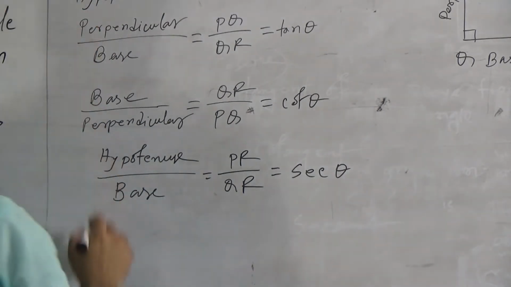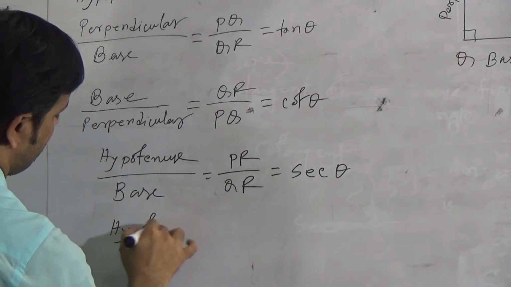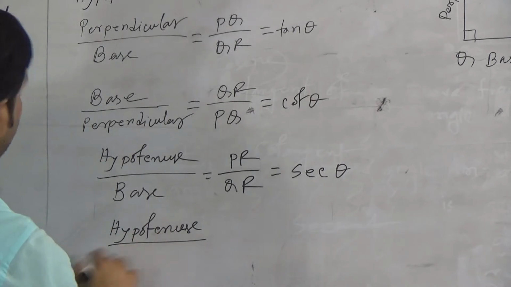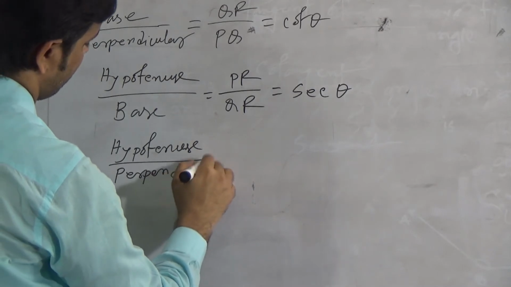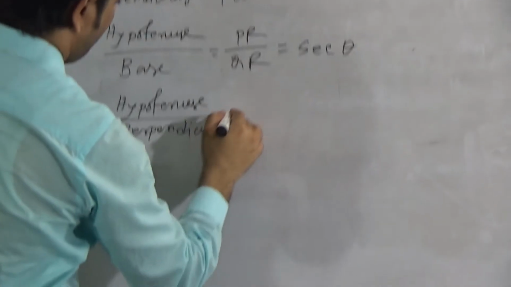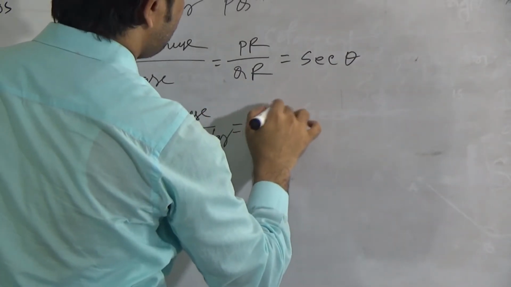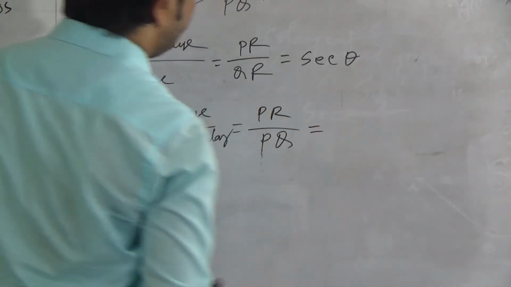Then the last ratio, that is hypotenuse ratio perpendicular. PR means hypotenuse, PQ means the perpendicular.